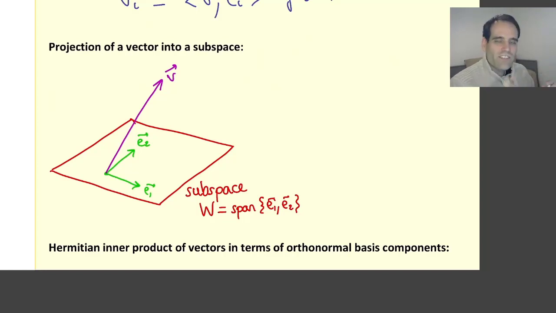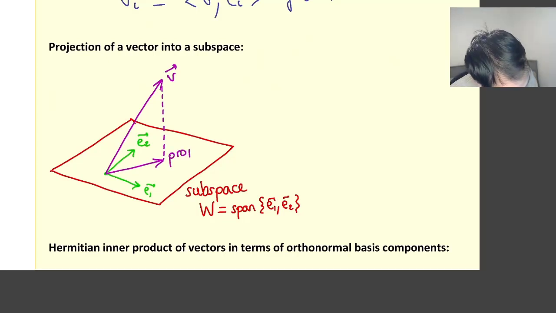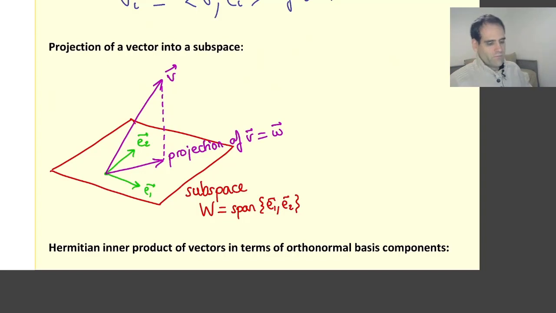So the projection of v into this subspace, which would look something like this, the projection of this vector into the subspace, let's call it w. So w, lowercase w, is the projection of v onto the subspace given by capital W. So this is the setup of the problem.